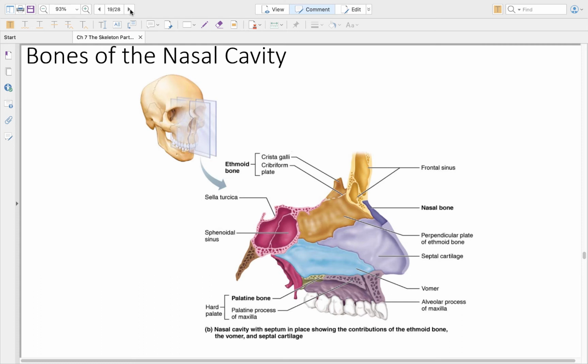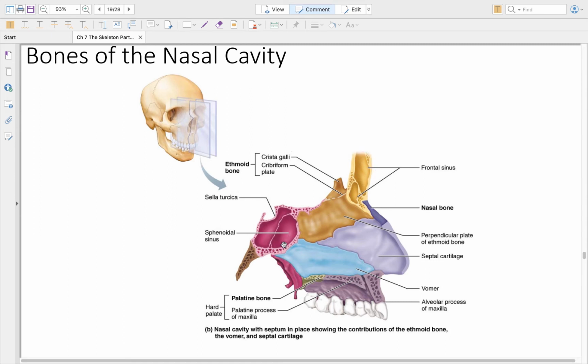All right, inside of your nasal cavity, you have quite a few sinuses. Let's take a look at our angles here. So what's happening is they've cut open the front part of the facial bones in the front part of the skull, right? So what we can see is the maxilla down here. There's the nasal bone. This is the frontal bone.